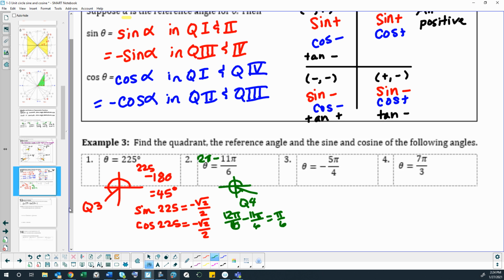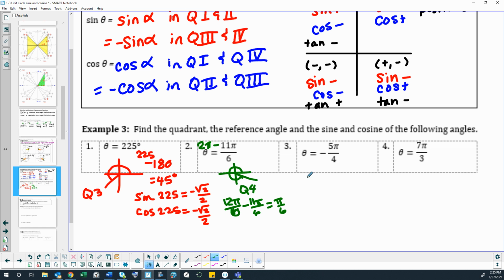Okay, so quadrant 4 means that our sine will be negative, our cosine will be positive. So the sine of pi over 6 is normally 1/2. So the sine of negative 11 pi over 6 will be, wait, I did this wrong. Gosh, you're probably sitting there going, no, she's doing this wrong.